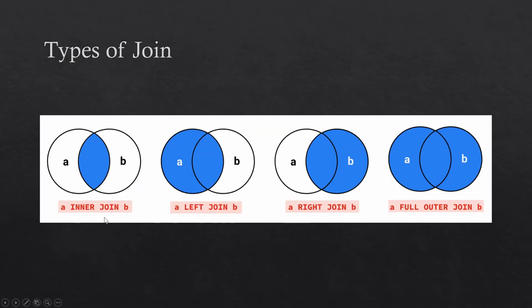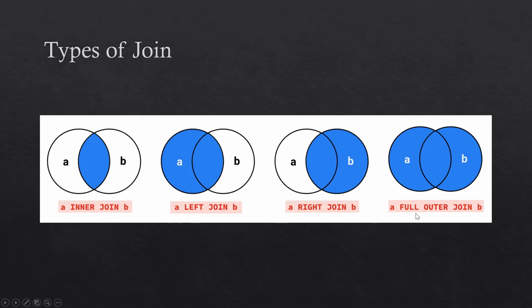In inner join, we take the data which is common between table A and table B. In the left join, we take the data of table A completely and we take the data from table B which also matches table A. Right join is similar. We take the data of the second table completely, but we only take the data from the first table which also exists in the second table.